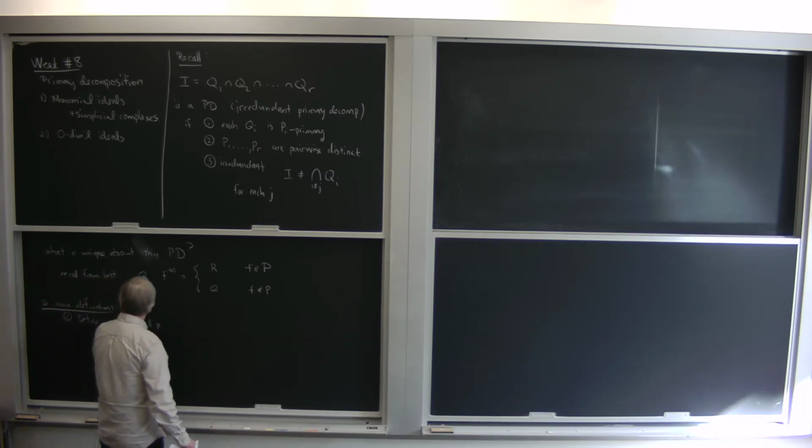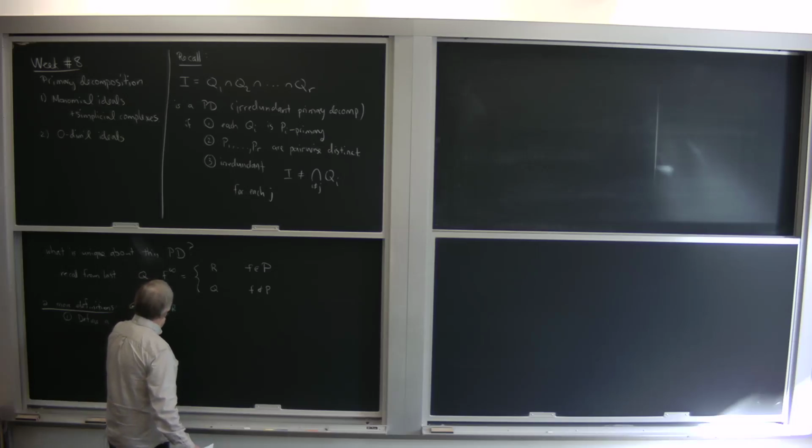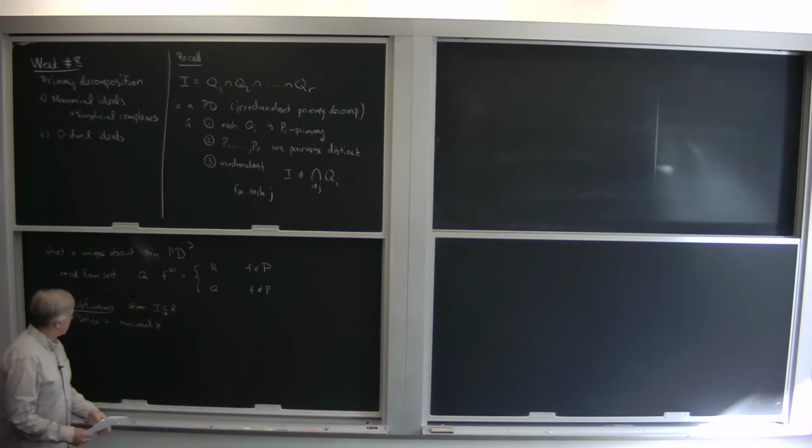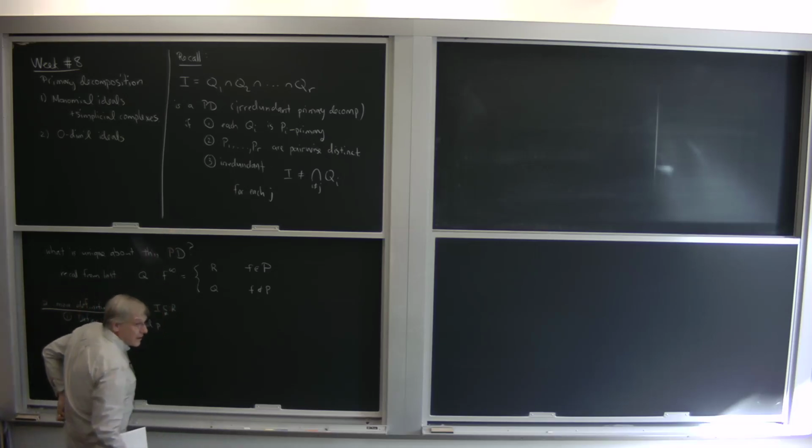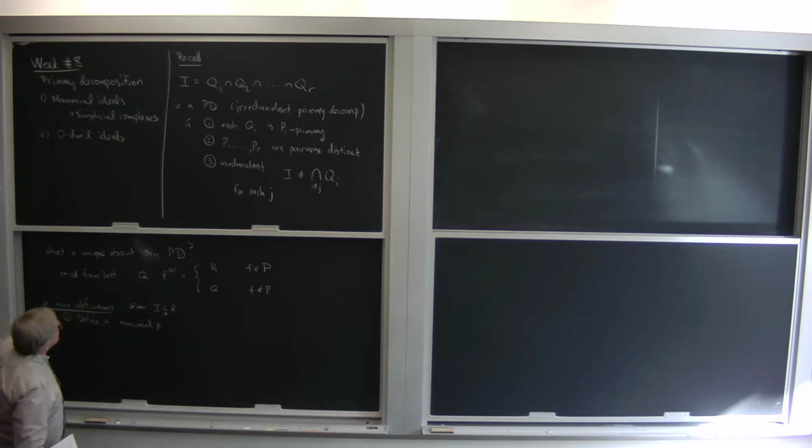So this is given an ideal I contained in R, and it's not the whole ring because we're not doing anything with those things. The ideal is proper, so there's no way it could ever be equal to the ring anyway.